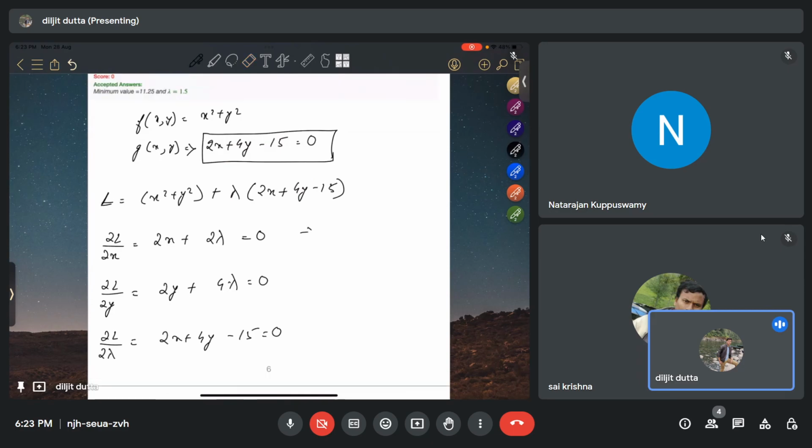From here we can get lambda is equal to minus x. From here we can get y is equal to minus 2 lambda.